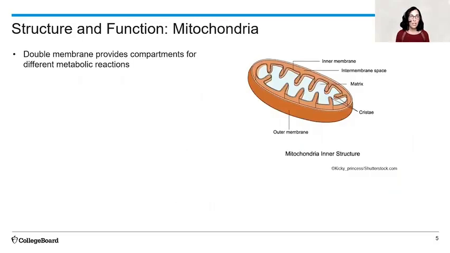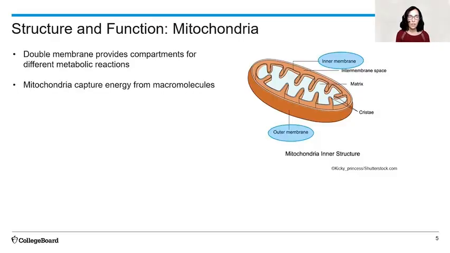Now, the mitochondria is the other energy capturing organelle, and the mitochondria have double membranes, which provide compartments for different metabolic reactions. So we have the outer and inner membrane shown here, and the mitochondria capture energy from macromolecules such as carbohydrates, but can also get energy from proteins or lipids as well.